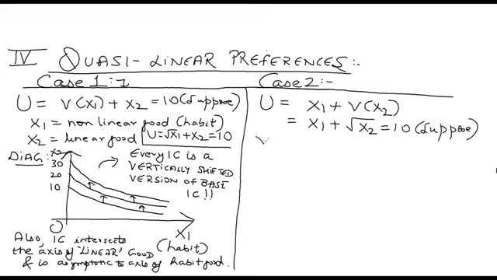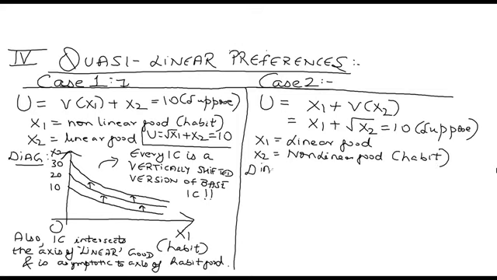Now you can see here that x1 is the linear good, x2 is the non-linear good, and a non-linear good is famously known as a habit. Now if I draw a diagram for this, you can see that when x2 is 0, x1 is 10.